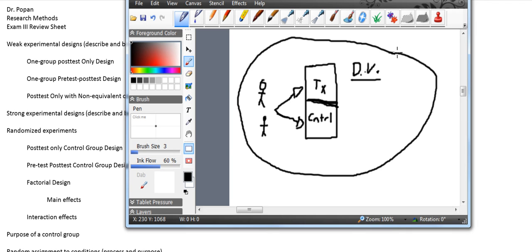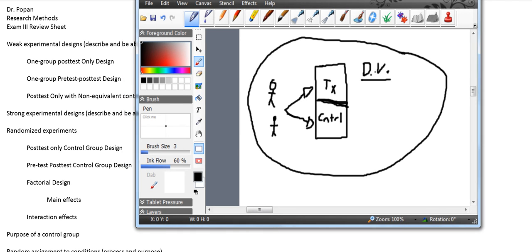So in an experiment, the goal is to isolate and control as many extraneous variables as possible so that we can have high internal validity for the study. In other words, so that we can have confidence that it is our independent variable that's leading to any difference in the dependent variable, and it's not any of those extraneous variables.